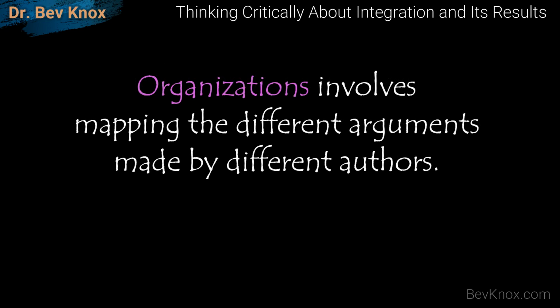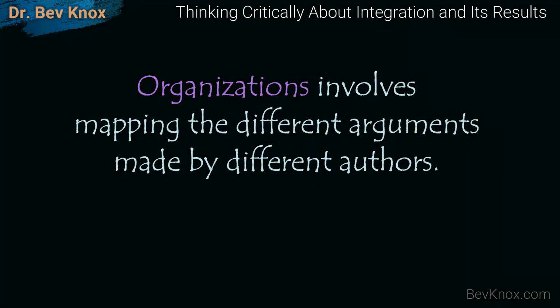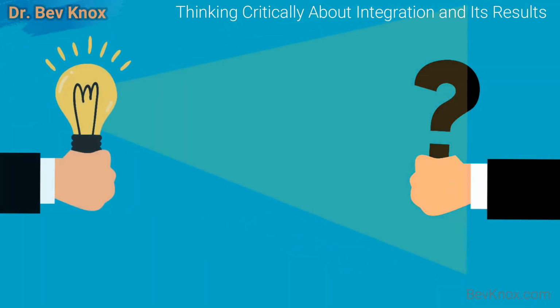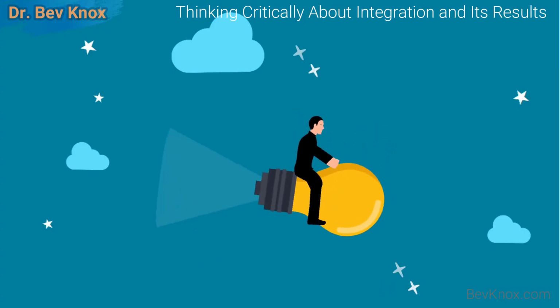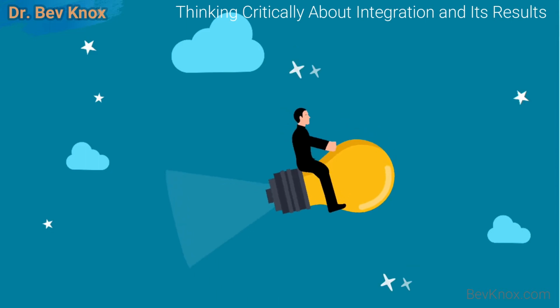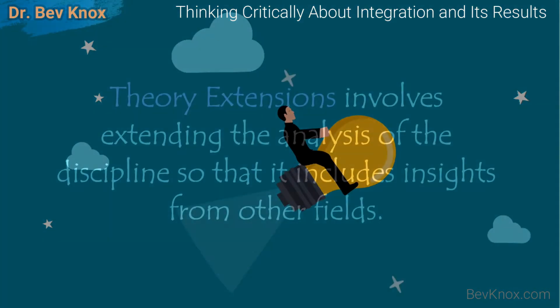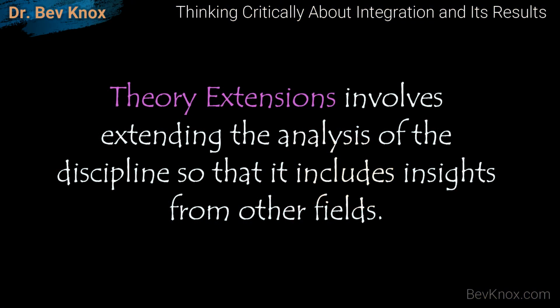Organizations involve mapping the different arguments made by different authors. Authors may be disagreeing simply because each stresses the importance of the phenomena they study and ignores the phenomena studied by others. Theory extensions involve extending the analysis of the discipline so that it includes insights from other fields.